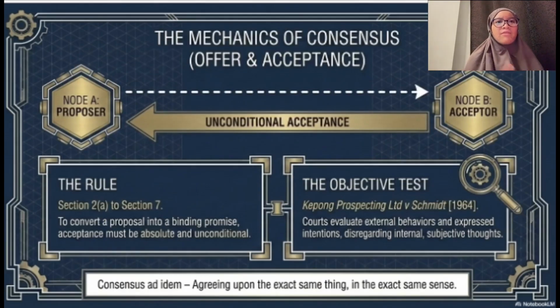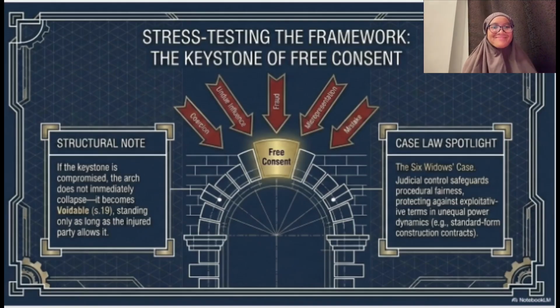For example, if one person clearly communicates acceptance through words or actions, the law may recognize a valid contract even if they later claim they did not truly mean it internally. Therefore, the law prioritizes certainty and observable conduct to determine whether a valid agreement exists.